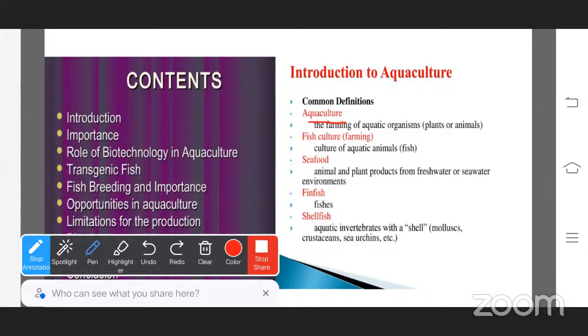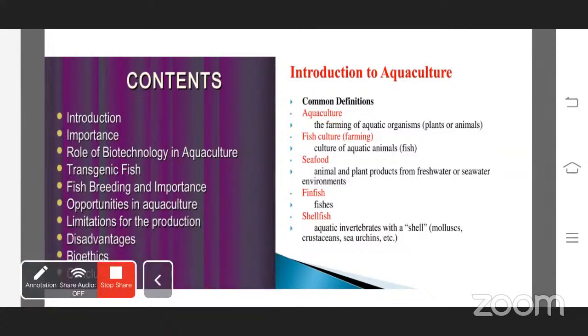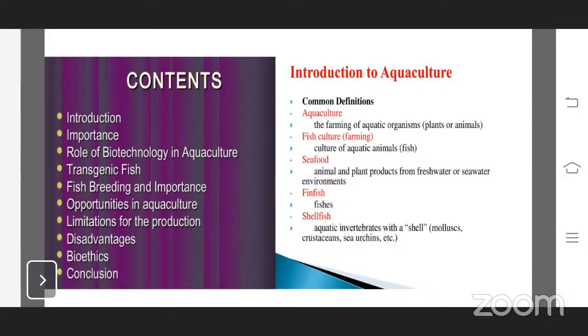So especially we are focusing on freshwater aquaculture. Generally, two types of freshwater are there, we know. What is that? Freshwater is available in two types.